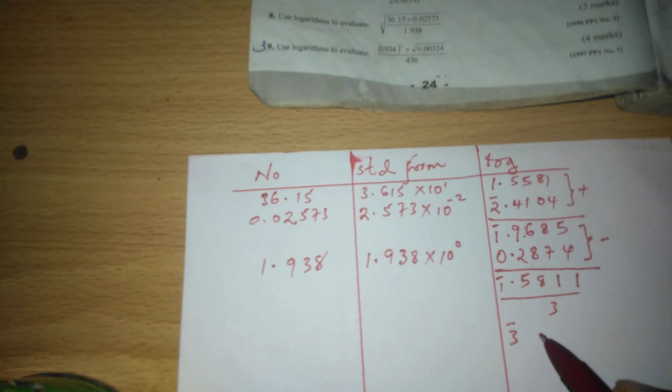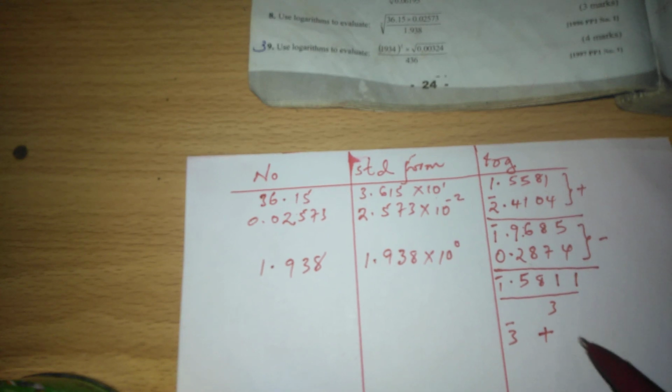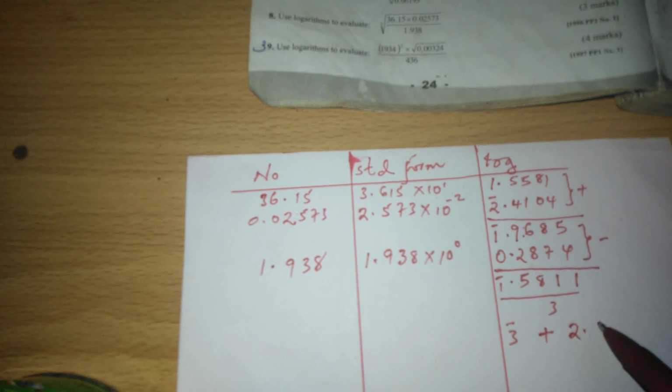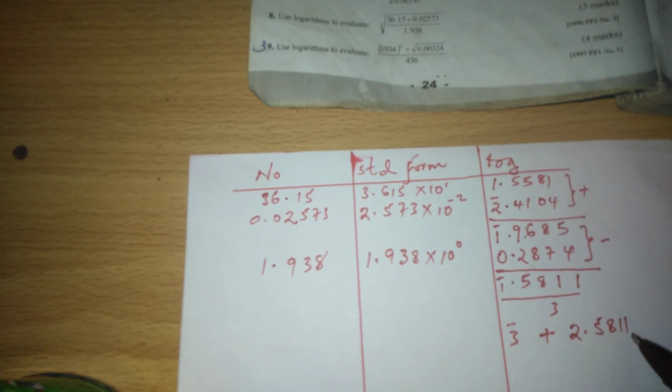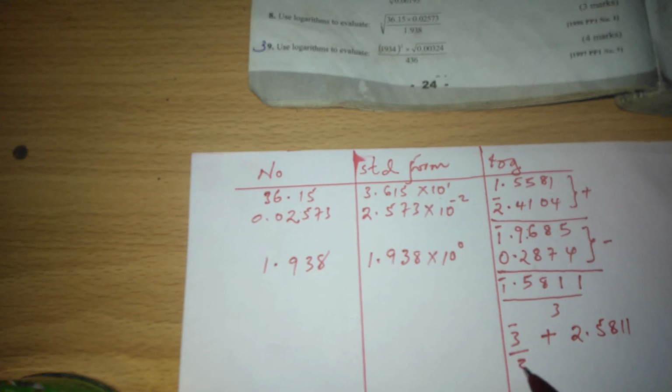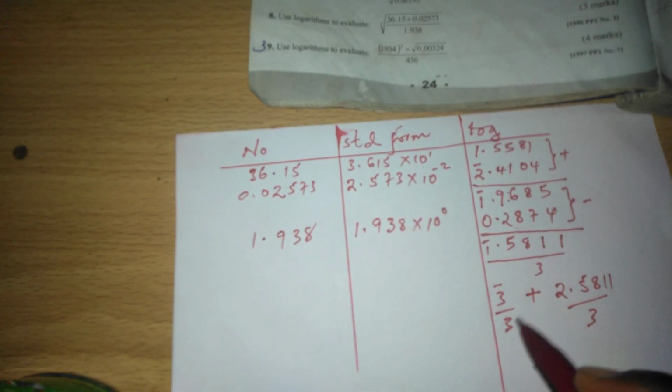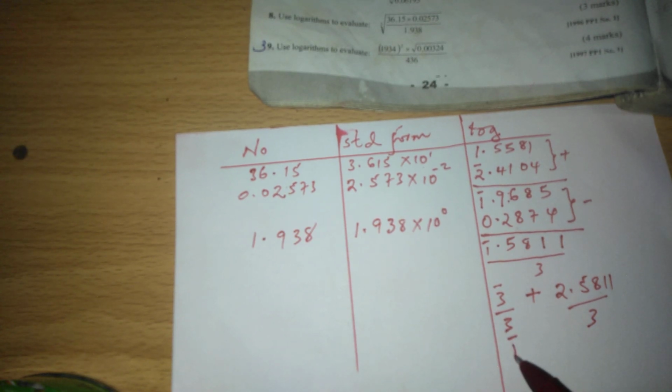Then on the other side, the 2 we have subtracted here, we add it on the mantissa part, such that instead of 0.5811, we will have it as 2.5811. Then independently now we divide this one by 3 and this one by 3. This one divided by 3 will be bar 1.